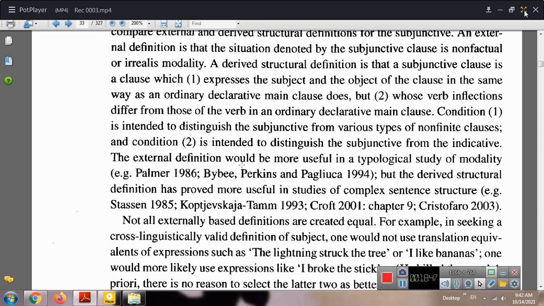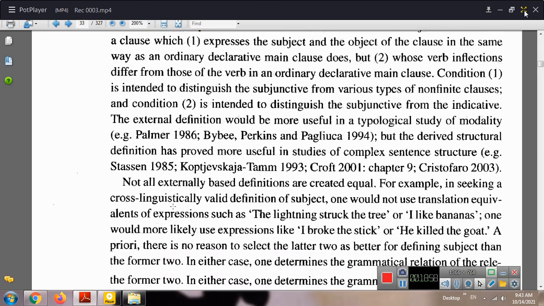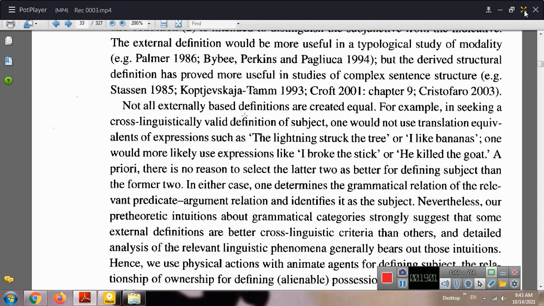The external definition would be more useful in a typological study of modality. The structural definition has proved more useful in studies of complex sentence structure. Not all externally based definitions are created equal. For example, in seeking a cross-linguistically valid definition of subject, one would not use translation equivalents of expressions such as the lightning struck the tree or I like bananas.